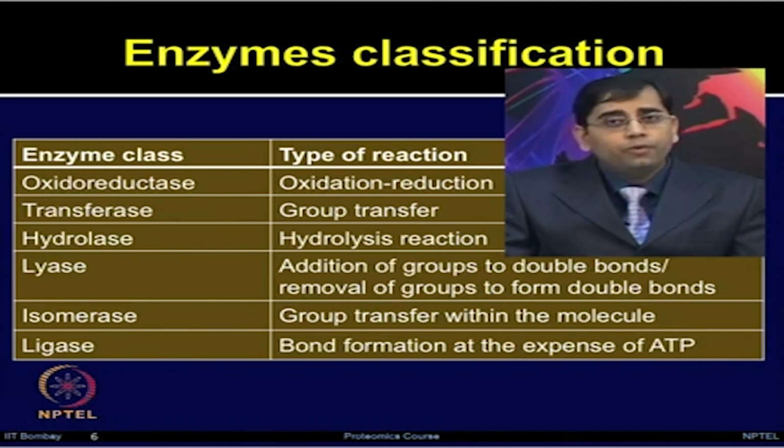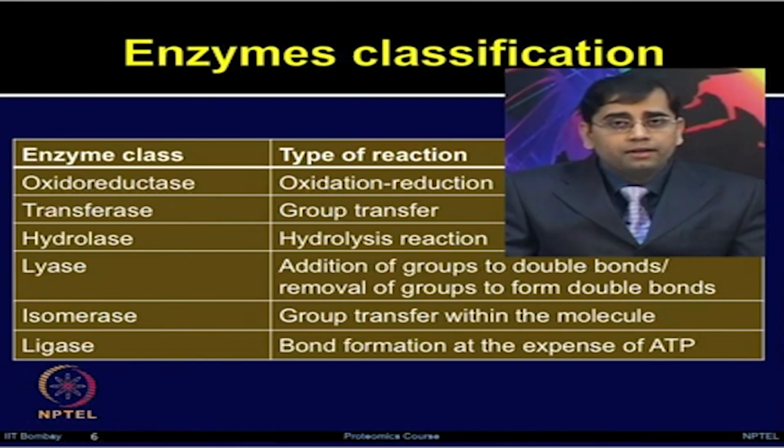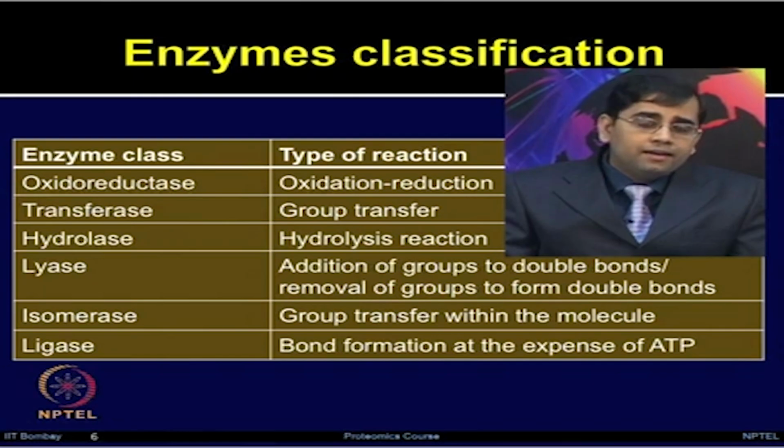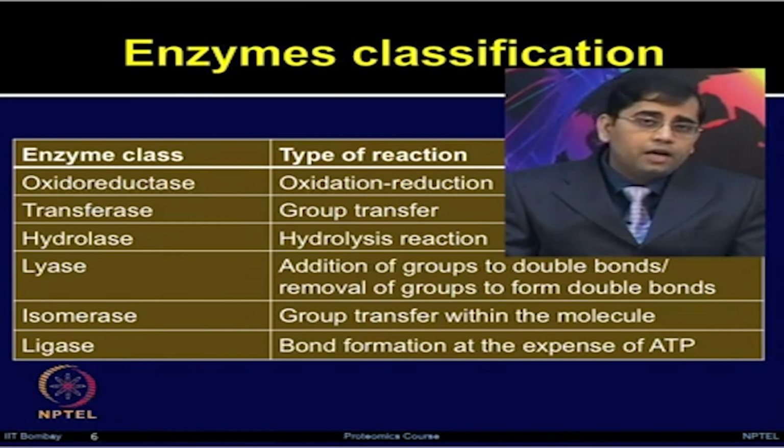Example is pyruvate dehydrogenase. Transferase, these enzymes transfer certain groups. So, group transfer can be mediated by this group of enzymes. Example, hexokinase. Hydrolase, these catalyze hydrolysis reactions. Example, chymotrypsin.